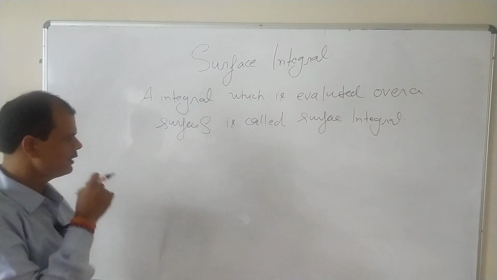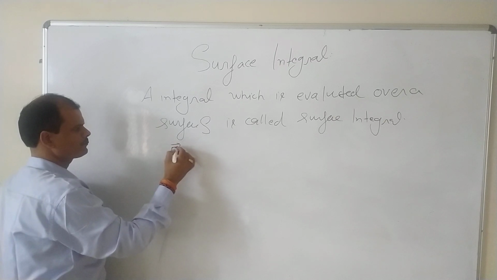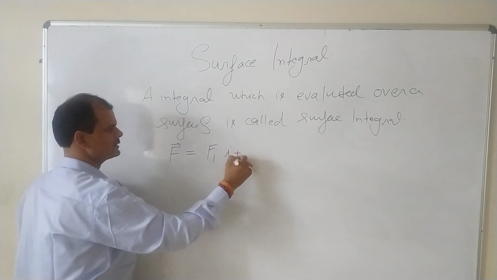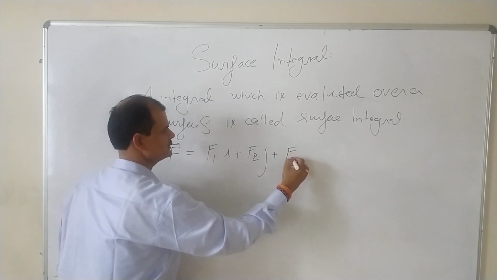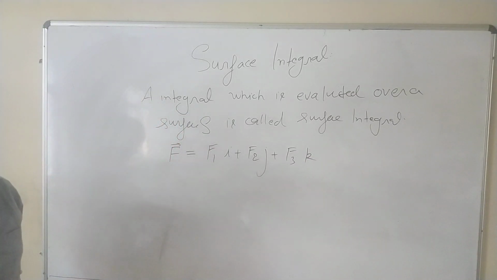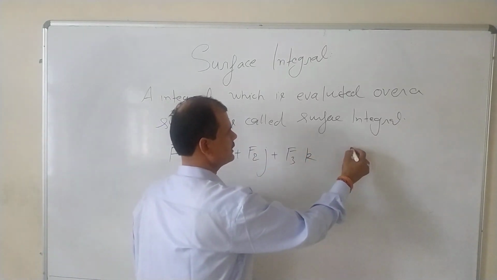Now let F be any vector point function, f1 i plus f2 j plus f3 k, and S be any surface in 3D, in the 3 dimension. That is very important.